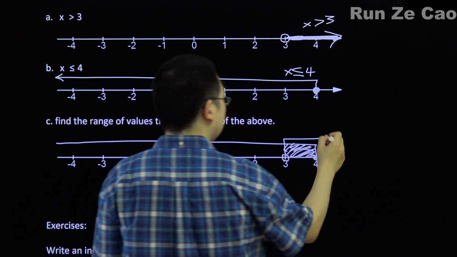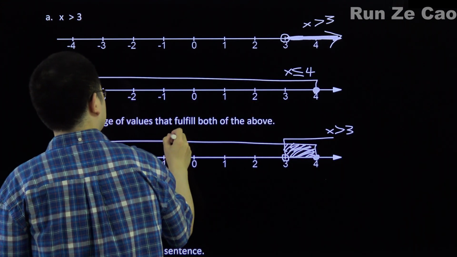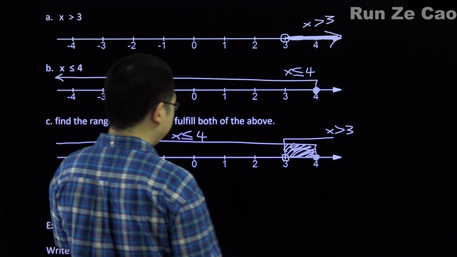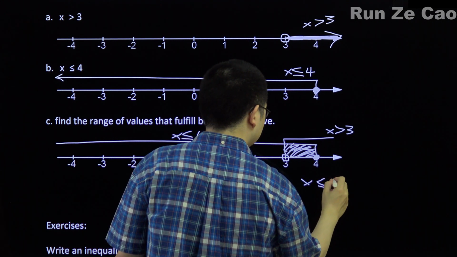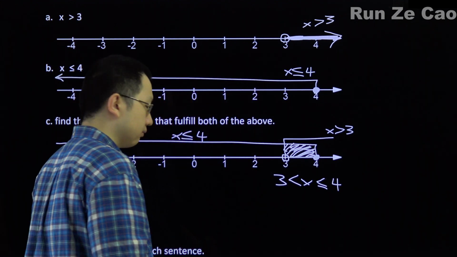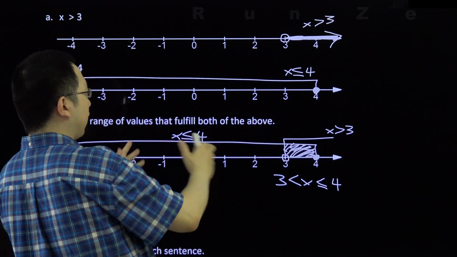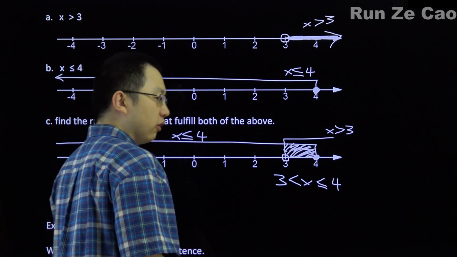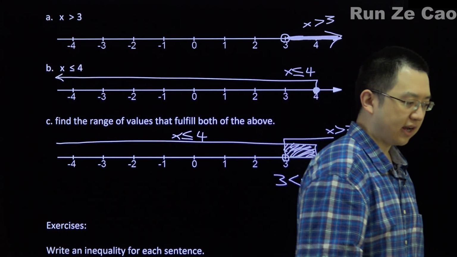So we're looking at x is greater than 3, strictly greater, and x is less than or equal to 4. So the range of values that fulfill both are x is less than or equal to 4 and strictly greater than 3. If they went up and diverged without overlapping, you would say no range of values satisfies both, or just say null set with the O with the slash through it.